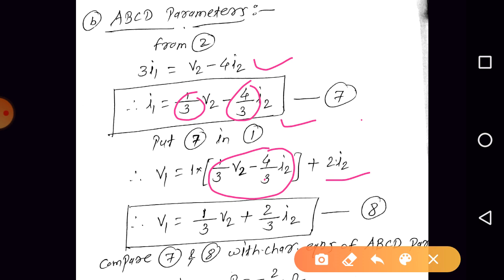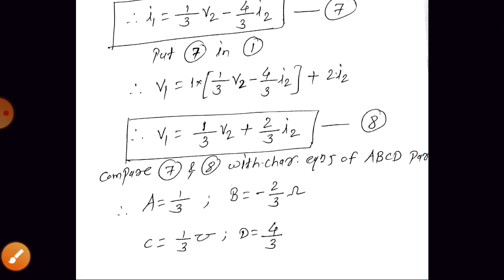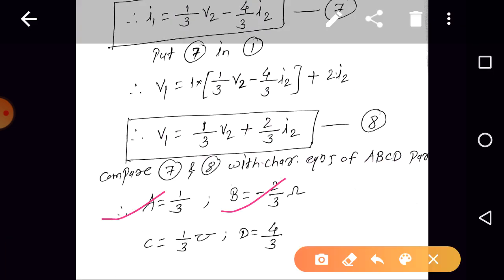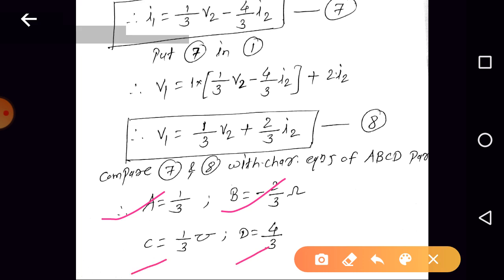After simplifying, we can write V1 is equal to 1 by 3 V2 plus 2 by 3 I2. So V1 is equal to A V2 minus B I2, where A is 1 by 3. And what is B? B is minus 2 by 3. Are you getting the point? So B is minus 2 by 3.